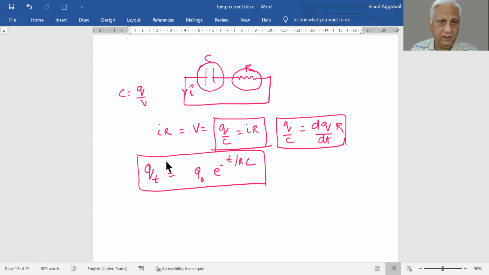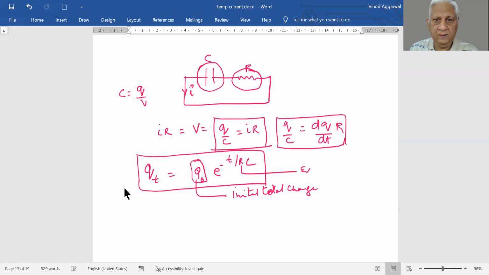Q, the charge on the capacitor at any time t, is given as the total charge that it started with. This is the initial total charge, and this is the external resistor in the RC circuit.